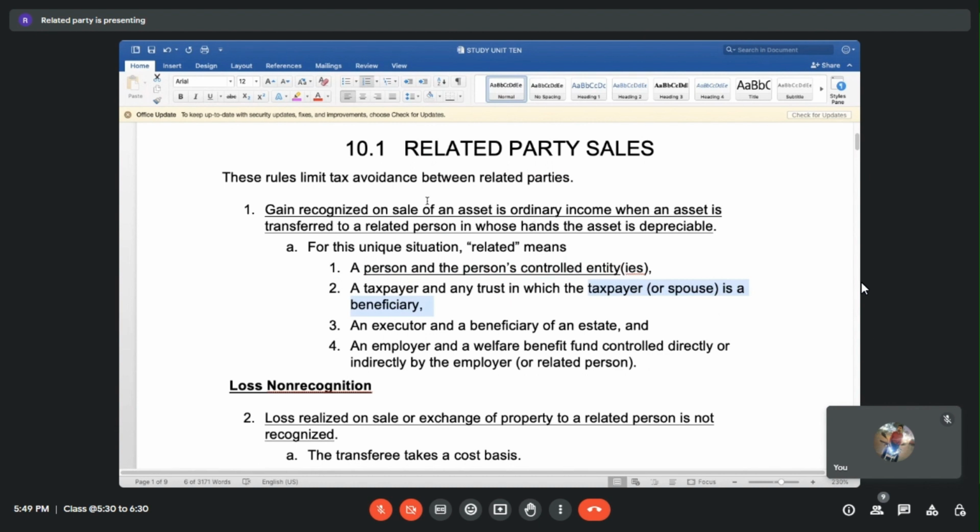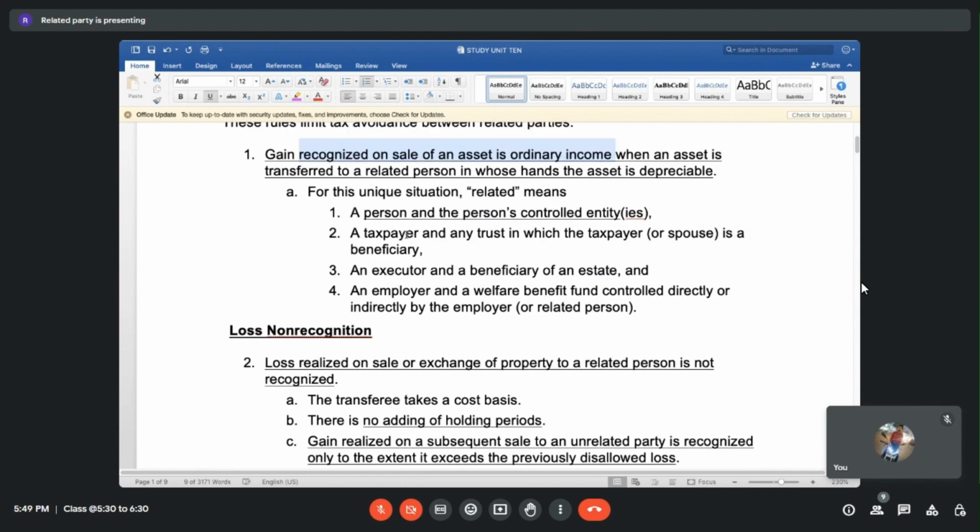So any gains that I may have by selling that, I may think that, oh yeah, I will sell it at a higher price and maybe get some gains. But what they're saying is all that gain will come up as ordinary income. Any executor and beneficiary of an estate.